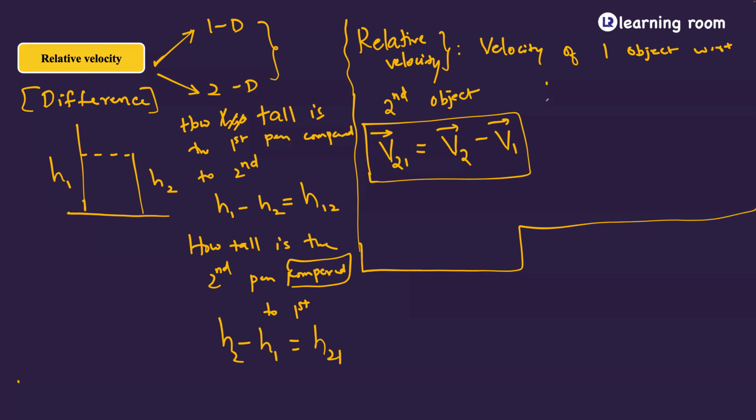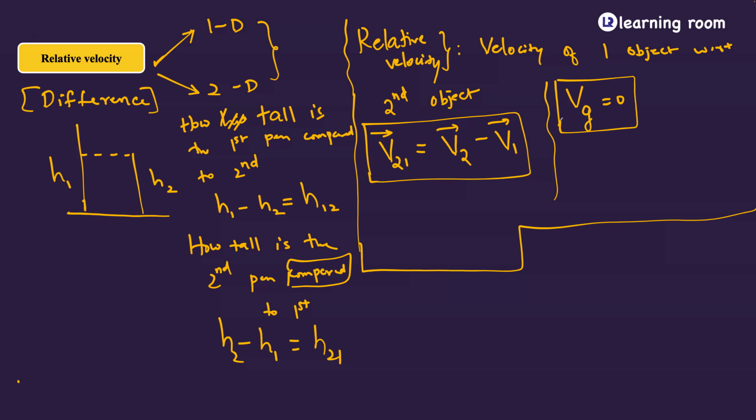Secondly, what you need to know is the velocity of the ground is considered to be 0. Velocity of ground means the place where we are standing is considered to be 0. If a person is standing on the ground, his velocity is considered to be 0.